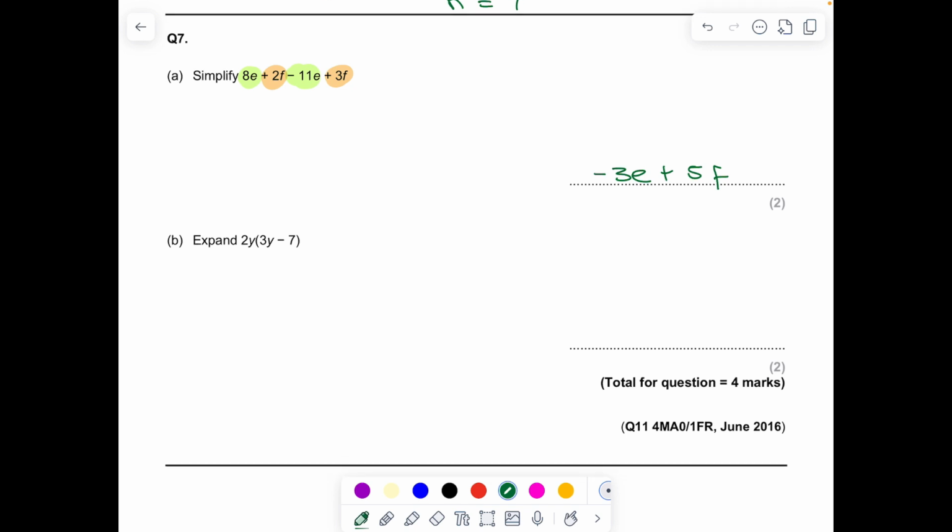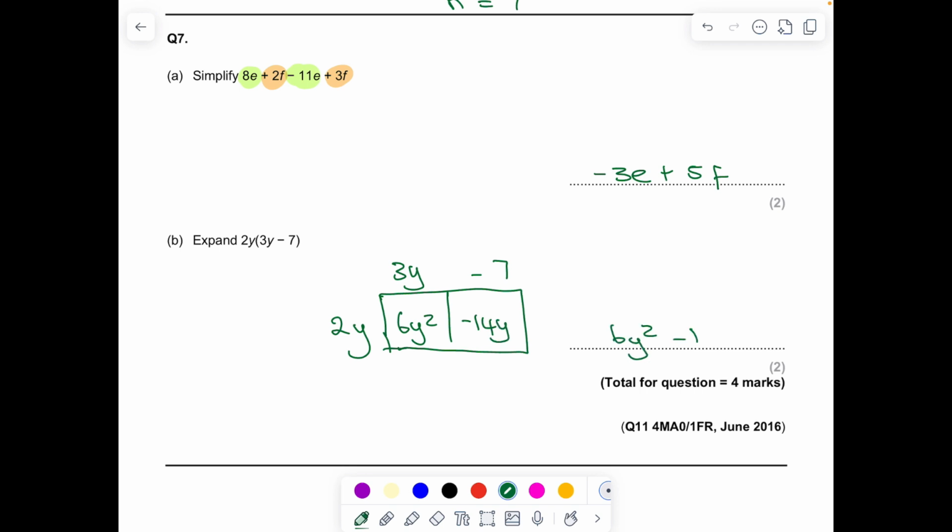Part B, it doesn't matter whether you use the grid or you use arrows, that's fine. But make sure you're multiplying 2y by 3y minus 7. 2y times 3y is 6y squared. And 2y times minus 7 is minus 14y. So your answer is 6y squared minus 14y.